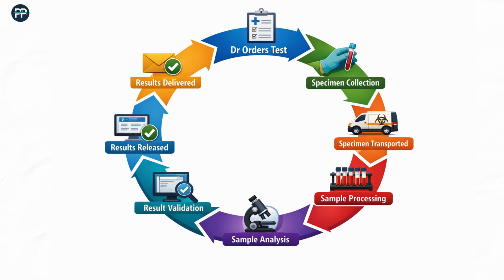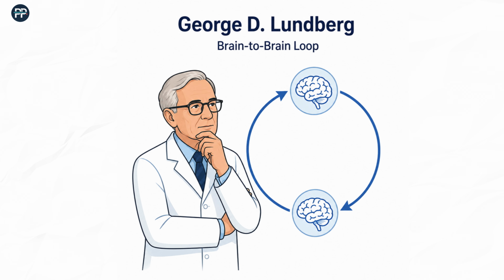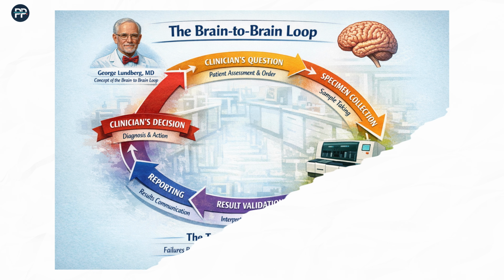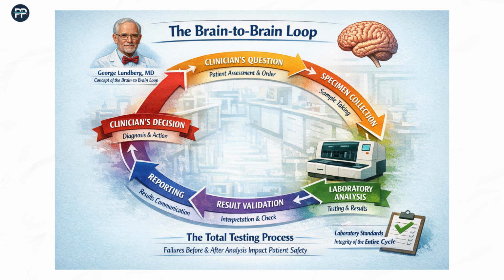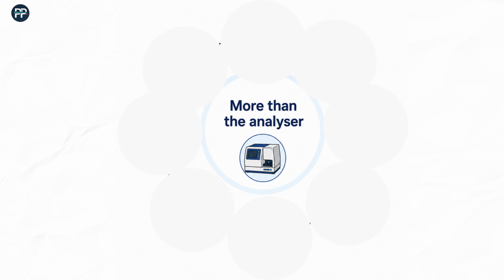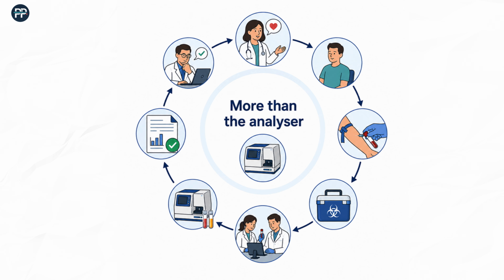The idea of the total testing process is closely linked to the work of American pathologist George D. Lundberg, who introduced the concept known as the brain-to-brain loop. He recognized that laboratory testing is not just a technical procedure that begins and ends with the analyzer. It is part of a much larger diagnostic cycle.